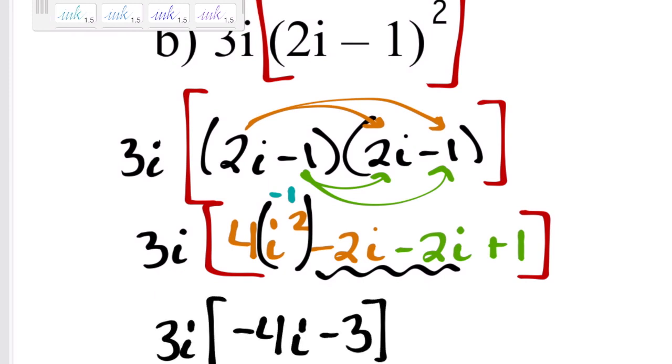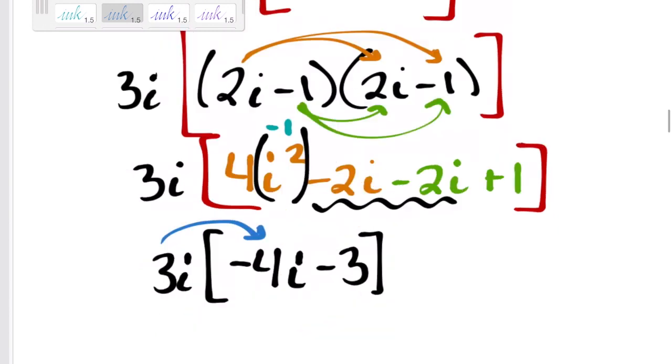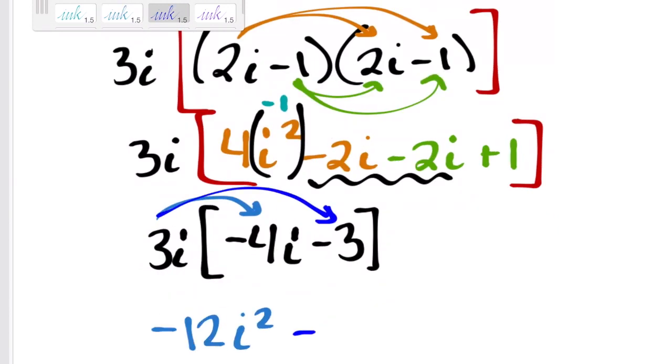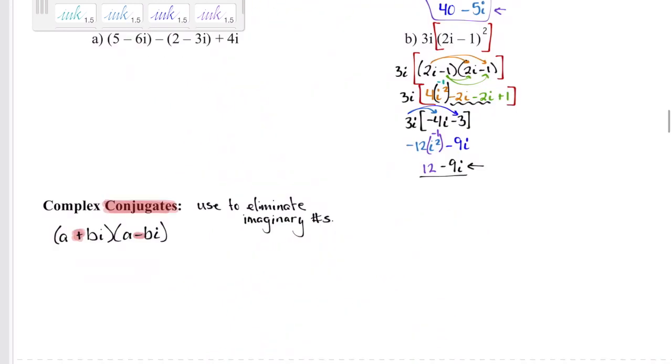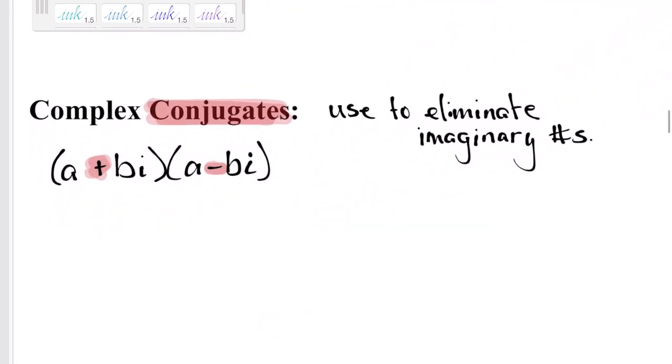And once I have everything inside simplified to one real and one imaginary, then I can distribute in my 3i. And then I'm finished.